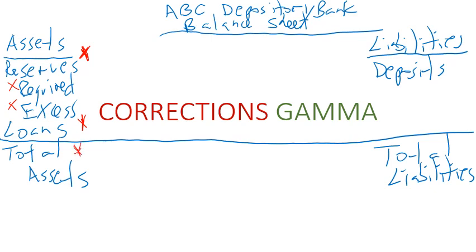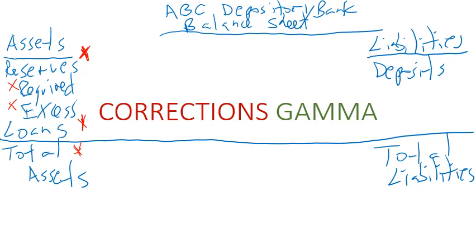Well, on the liability side, there are not that many entries, right? There's only one entry there, and that's deposits. Obviously, this is a much streamlined balance sheet, but that's all we need for understanding how monetary policy works.